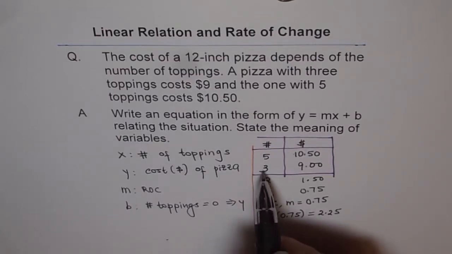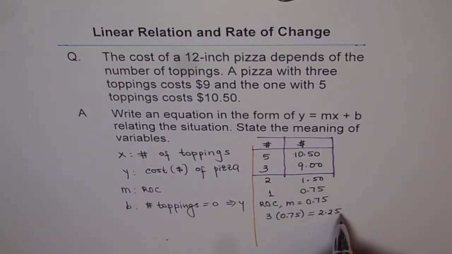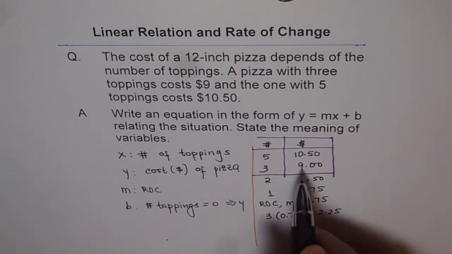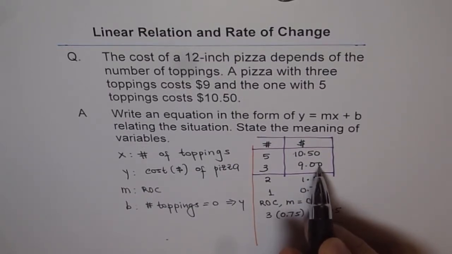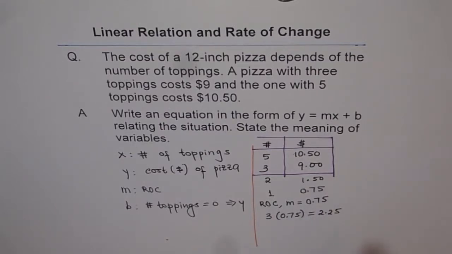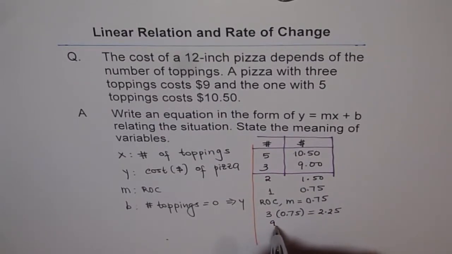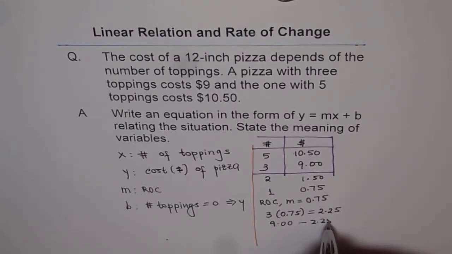So the cost of 3 toppings is 2.25, correct? So if I take away this 2.25 from $9, I get the cost of pizza without any topping, correct?